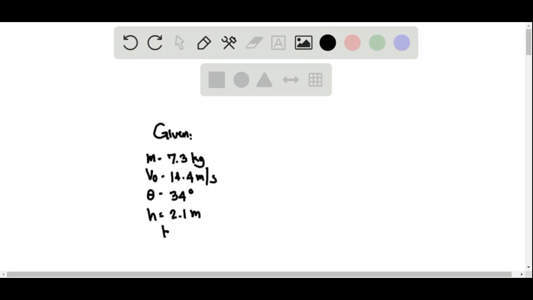And what we'll be finding is our horizontal distance, which is L. That is our question here.